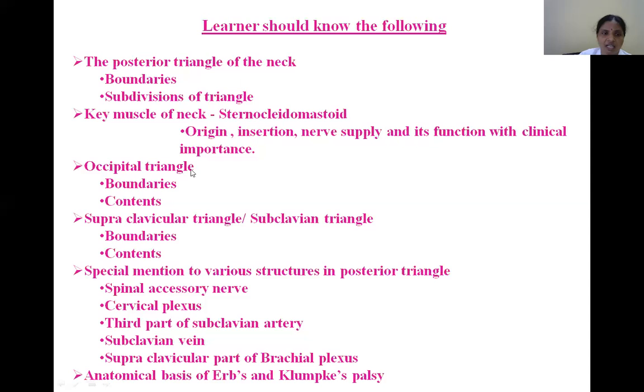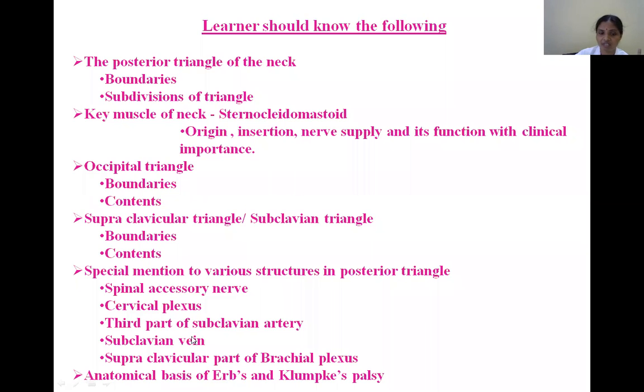Then the occipital triangle. I told you the subdivisions of the triangle: it is divided into occipital and supraclavicular. How is it divided, and what are these triangles? What are the important structures, means contents, present in each triangle? Then special mention of various structures in the posterior triangle. If you go through these two triangles, we can see important nerves and vessels.